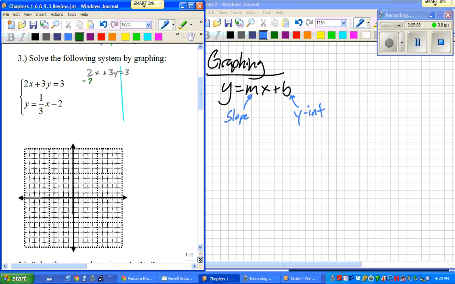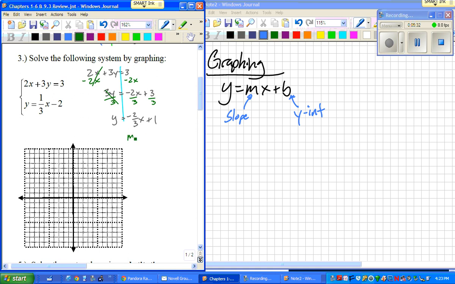So I'm going to subtract the 2x from both sides, and we get 3y equals negative 2x plus 3. So I'm going to divide everything by 3. Those cancel, so we're left with y equals negative 2 over 3x plus 1.